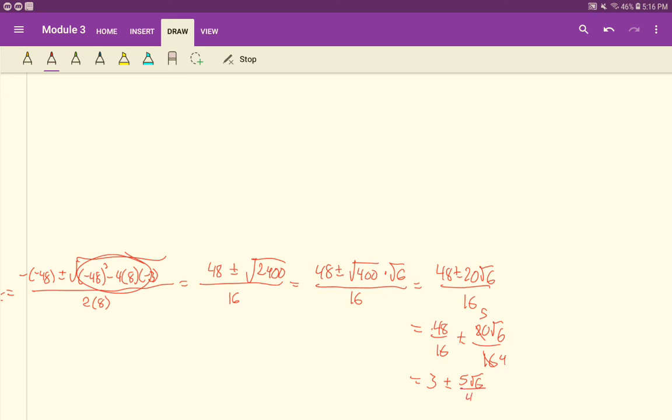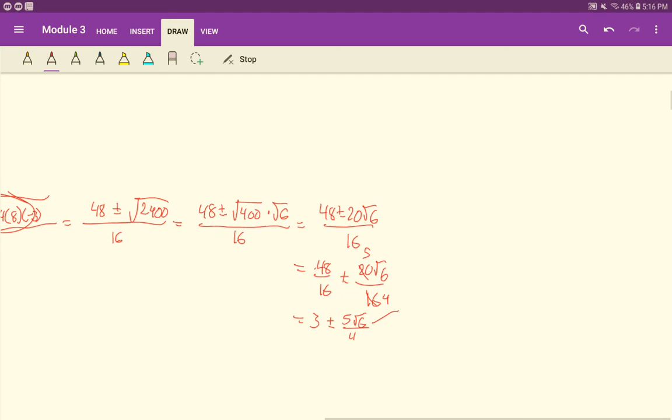Okay, now let's do these as decimals real quick to see if both of these answers make sense in context. We'll do 3 plus 5 root 6 over 4 and 3 minus 5 root 6 over 4. So this is approximately 6.1.